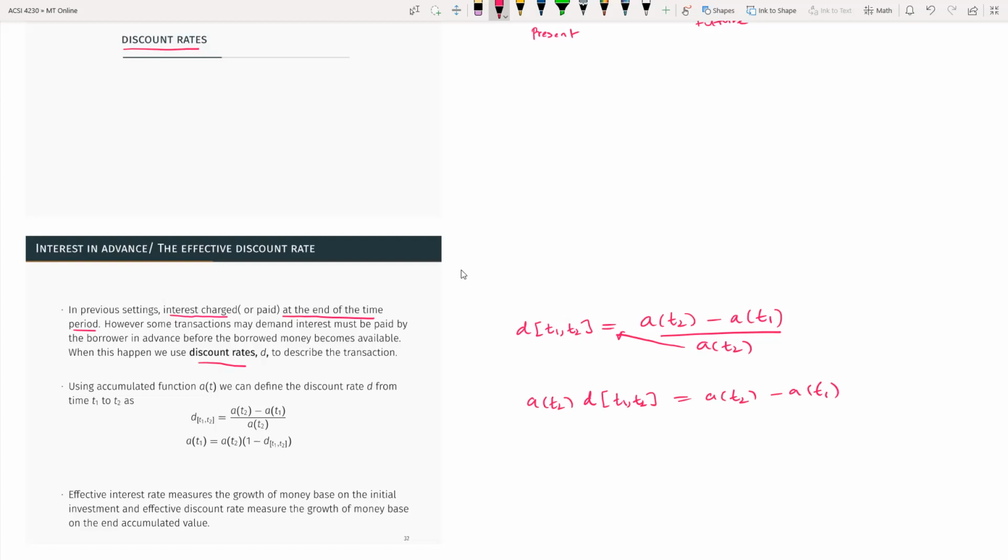You can bring this to the other side, so you get A(T1) equals A(T2) minus A(T2) times D(T1,T2), and you can take the common factor.